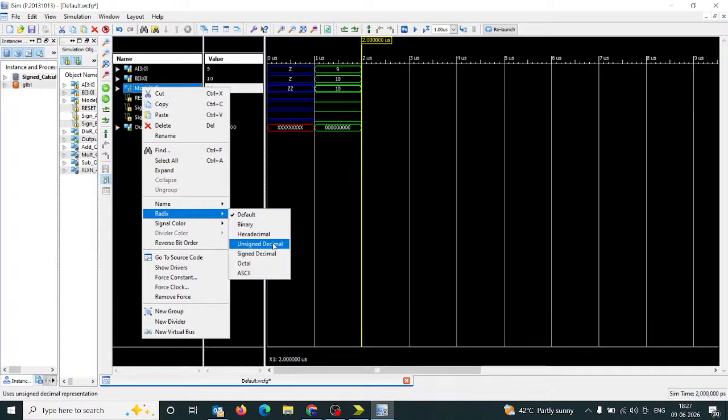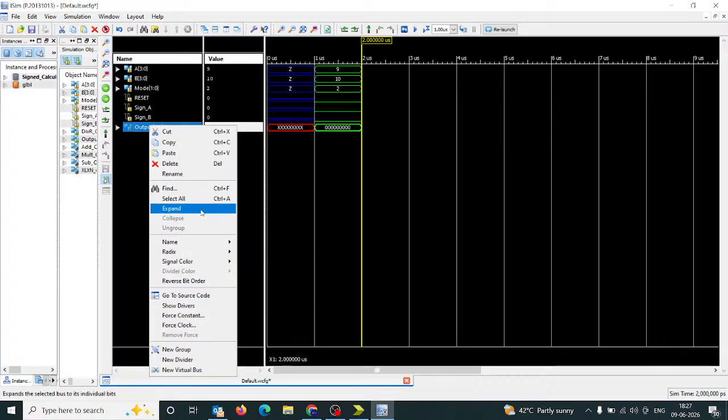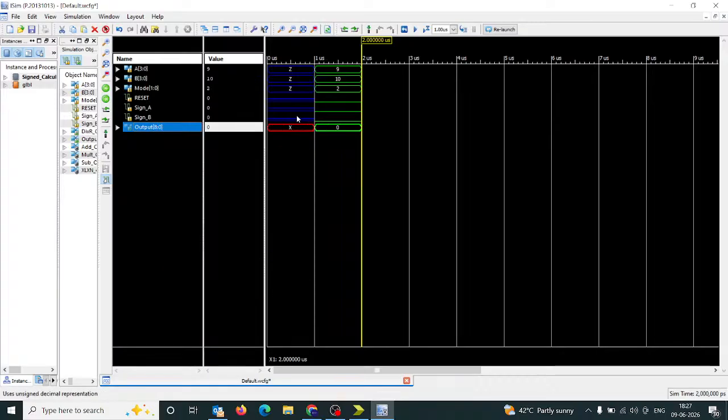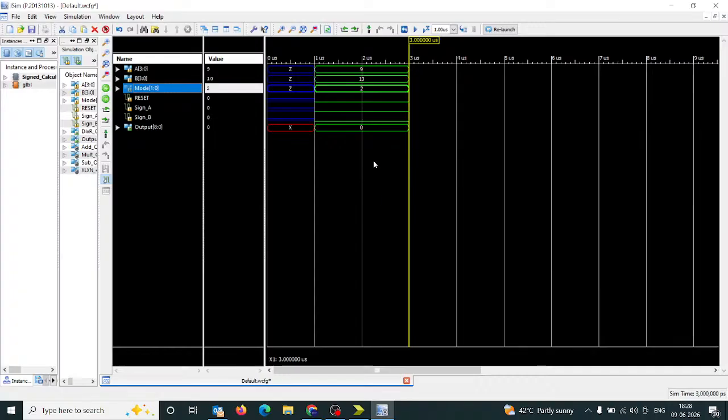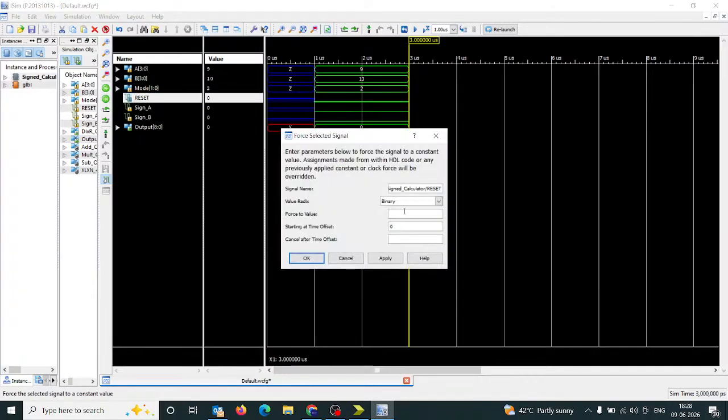I can change from binary to decimal, and the output I can also change from binary to unsigned decimal. As I mentioned, I am doing multiplication with unsigned inputs A and B, and the output is 0. Why? Because reset is 0. So let me disable the reset, that is, I will give 1.